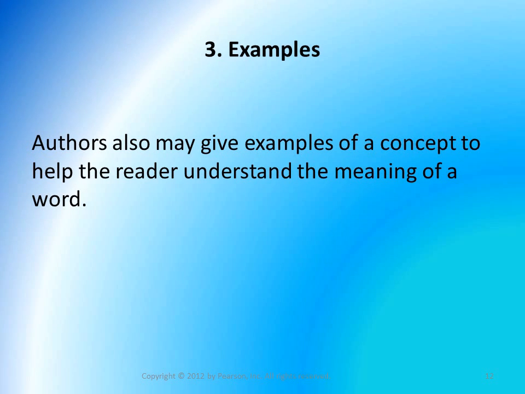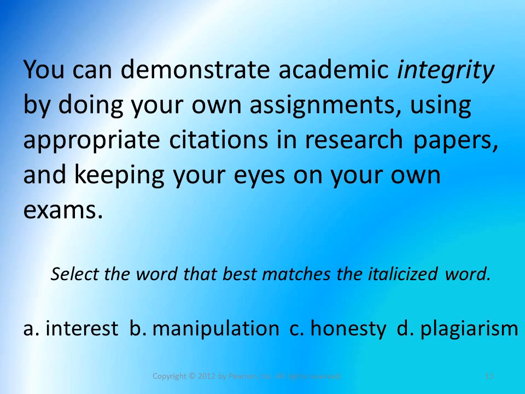Authors may use examples. In this instance, what they may do is they may give you an unfamiliar word or a higher level word, and then they'll give you examples of what that word may look like. So here's a sentence for you. You can demonstrate academic integrity by doing your own assignments, using appropriate citations and research papers, and keeping your eyes on your own exams.